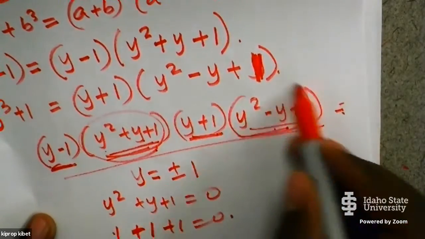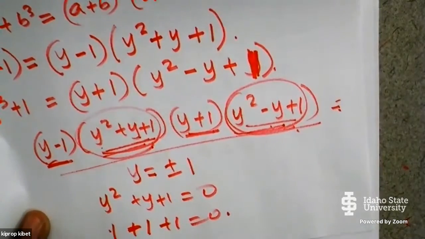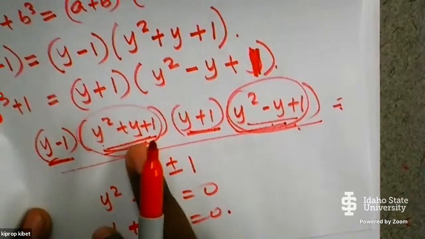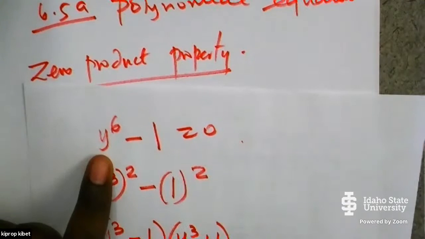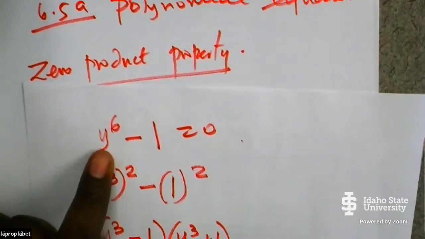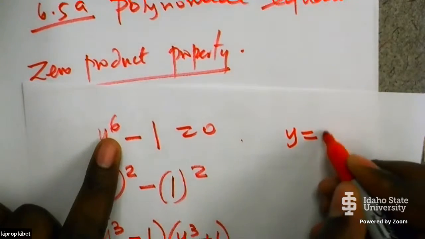So you also need to get the values of y here using a different method, and you can even use your calculator. When you see the power raised to something like 6, there are 6 values of y.